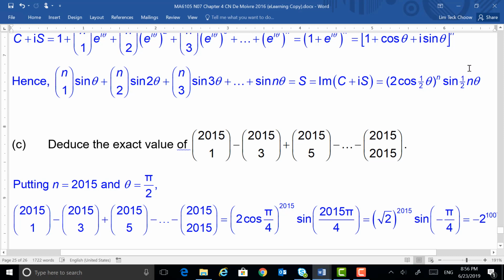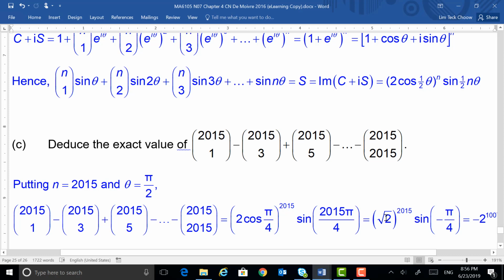Sine of this angle, if you do a bit of guess and check or a bit of experimentation, you find that actually sine of this angle will end up with just minus pi over 4. Just take away 2 pi out of the way, you find that in the end you end up with just sine of minus pi over 4. And sine of minus pi over 4 we all know is minus 1 over square root 2.